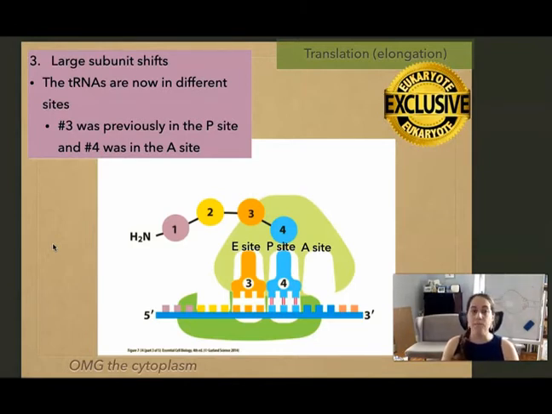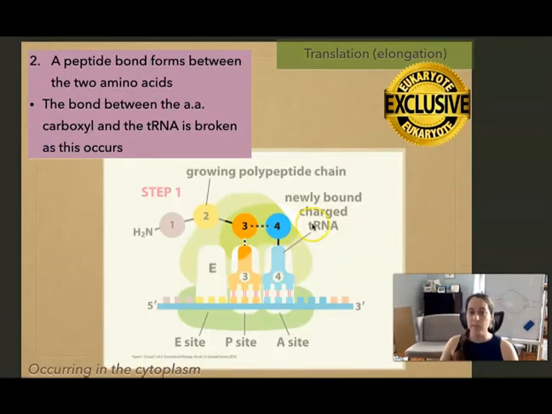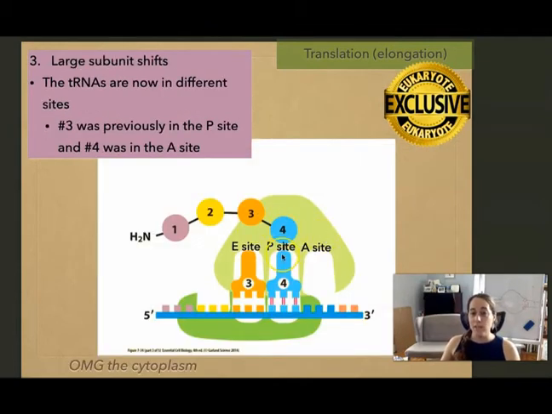If we're paying attention to only the sites in the large ribosomal subunit, now we see that the tRNA that just was in the A site, the new one a moment ago, this blue one with the 4 on it, the incoming one, still has the intact ester bond. That is now in the P site.